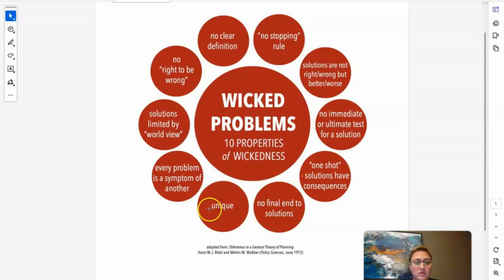I think these are unique problems to democracy, and maybe looking at all of these 10 criteria might be part of your reflection for this week.